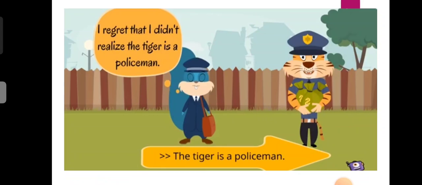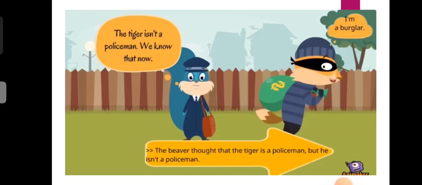So the presupposition that the tiger is a policeman is destroyed, because we know that he is a vulgar. The simple explanation for the fact that the presupposition doesn't project is that it is destroyed by entailments.